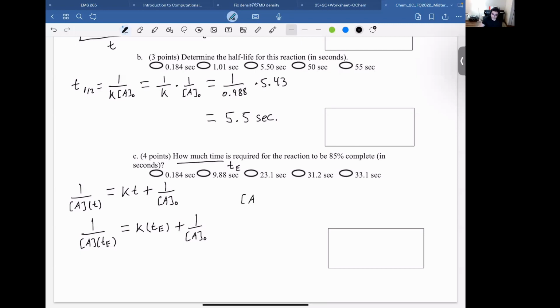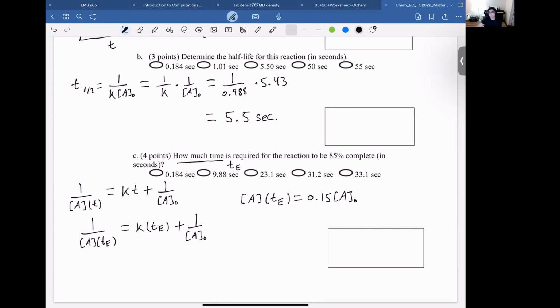Because at this time, I know that 85% of this reaction is complete, or that I have 15% of the original concentration, right? It's 0.15, so converted from percent to a decimal, right?